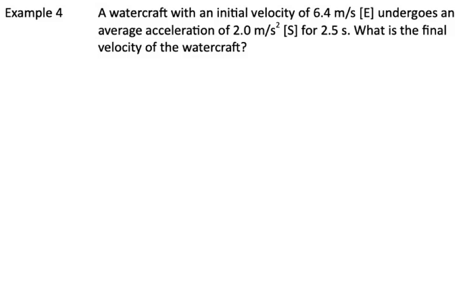This example is somewhat different from the last ones, simply because of the directions involved. So a watercraft has an initial velocity of 6.4 meters per second east.